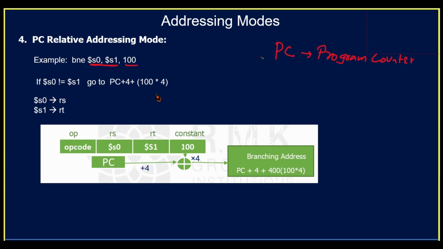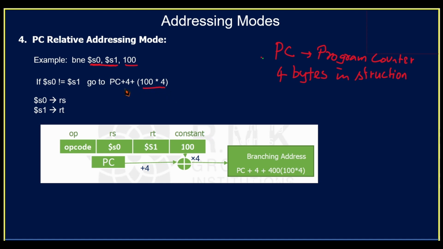You know that all instructions here are 4 byte instructions because this is the complete instruction, isn't it? So 4 byte instructions. So 100 means it is indicating the 100th instruction. To access the 100th instruction, you should multiply the 100 by 4. So it will go to that location.